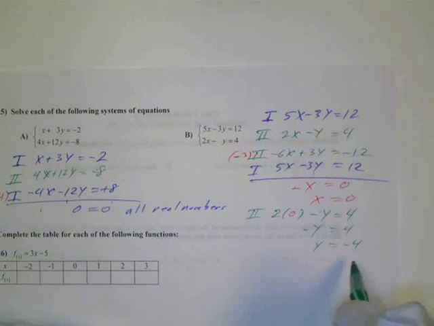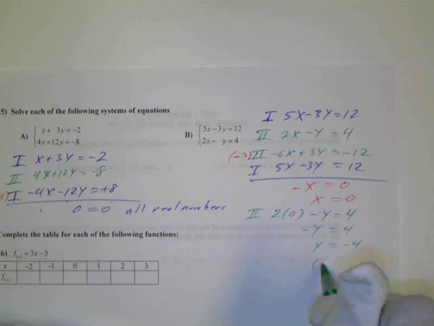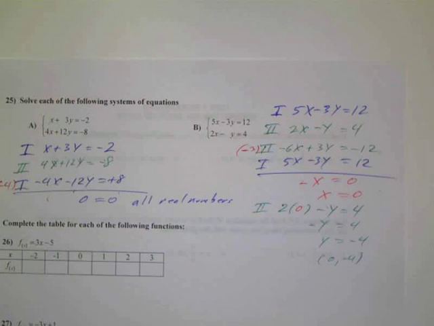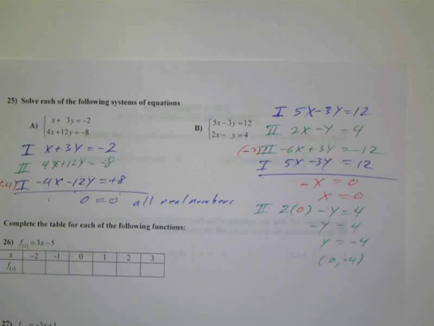So that's your solution, 0, negative 4. And you could write it as an ordered pair if you want. X is 0, y is negative 4. Okay. So that's number 25.